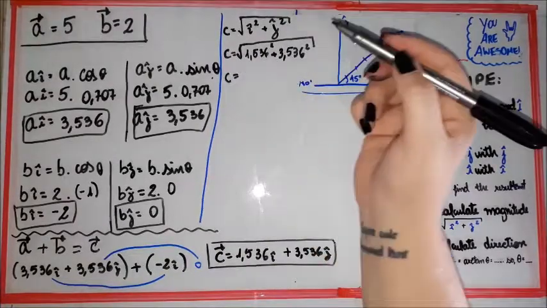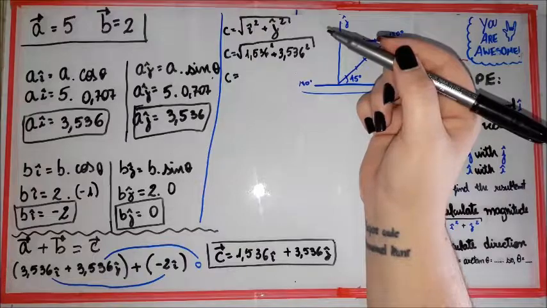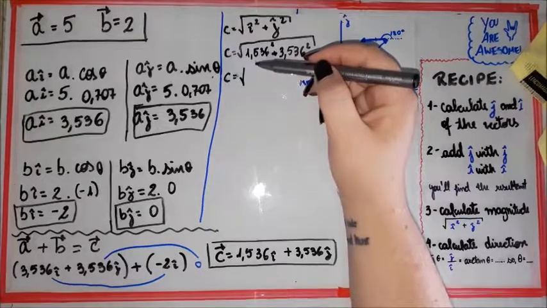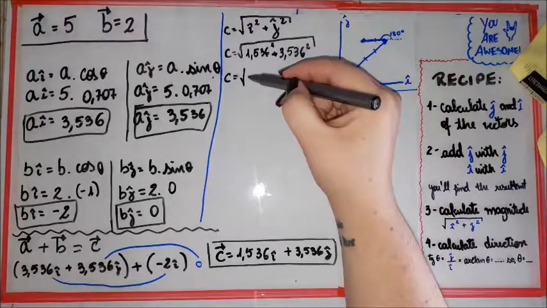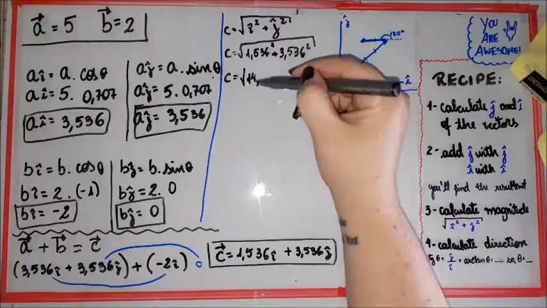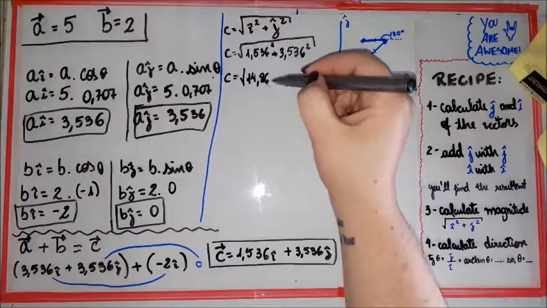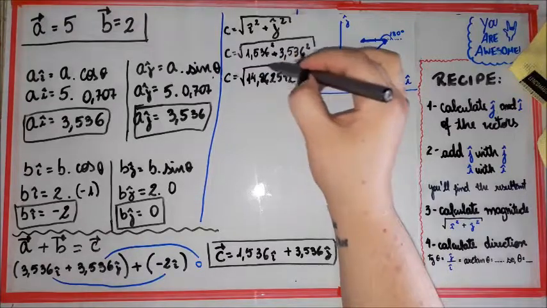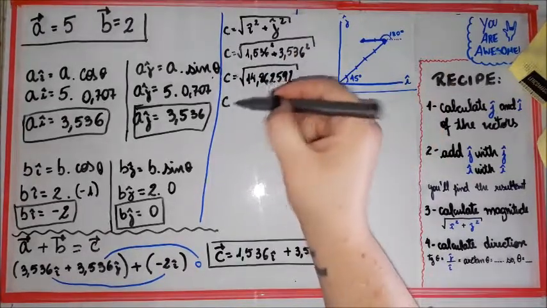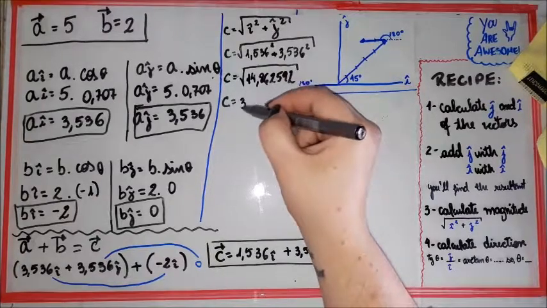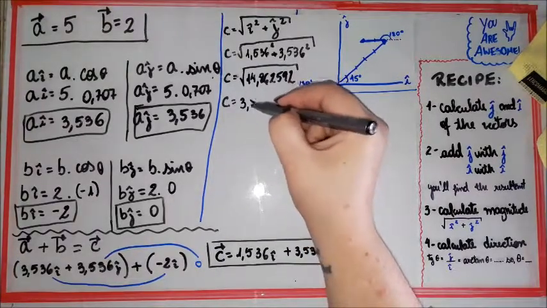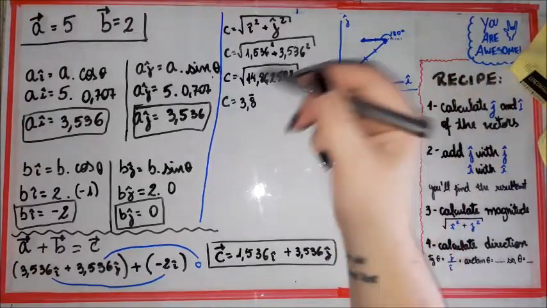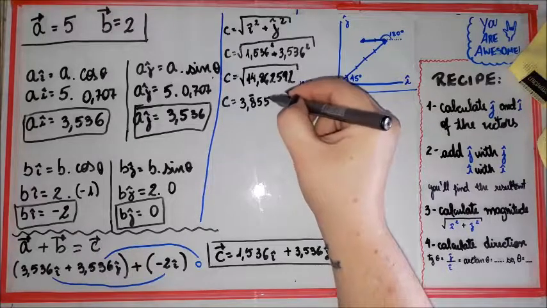C is equal to the square root of 14.865922, which is equal to 3.8. I'm going to use only 2 numbers, but let's put the rest.